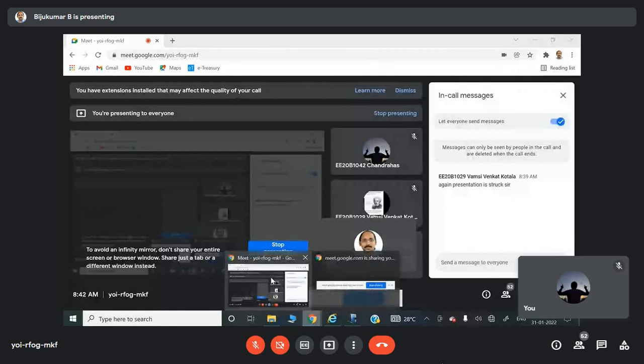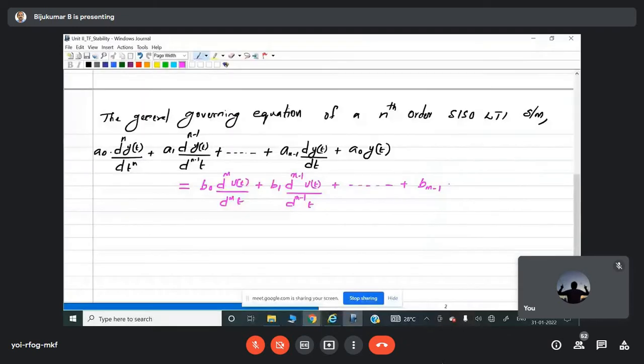So we can write b m minus 1 d u of t divided by dt plus b m u of t. So in general, for an nth order system, we can represent like this, where a naught, a1, a n minus 1, a n are constant coefficients.